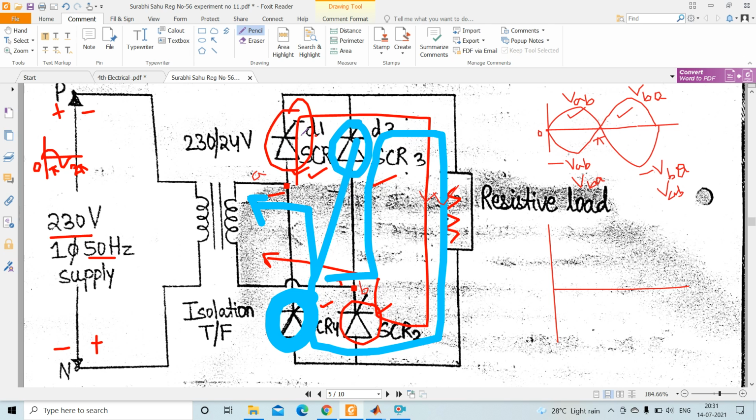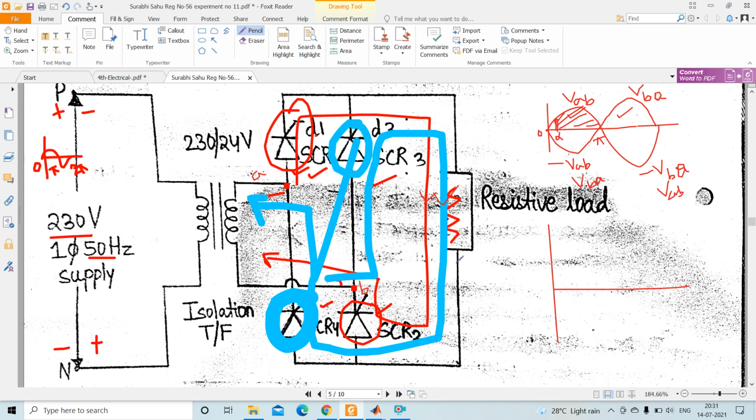Only when you give a gate pulse is it turned on. If I give the gate pulse at this angle, let this angle be alpha, then from this point you get output. That means in this area from alpha to pi you get the output voltage.